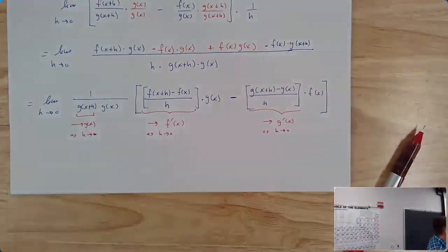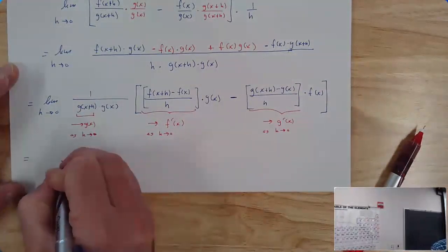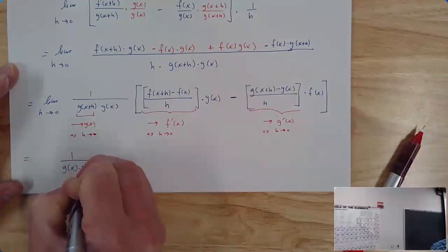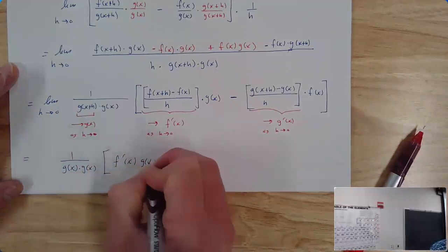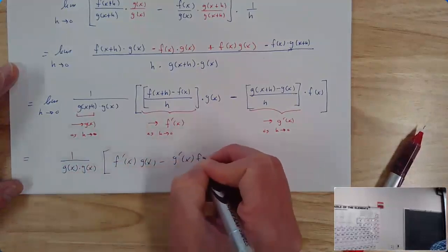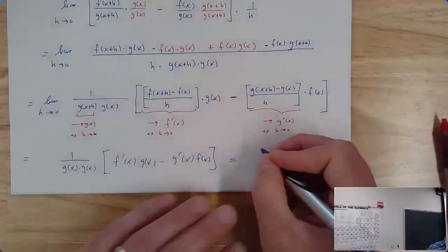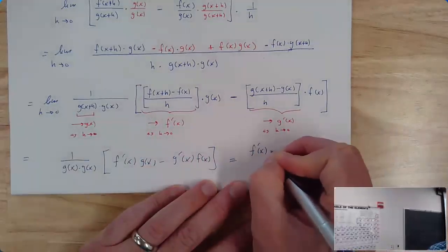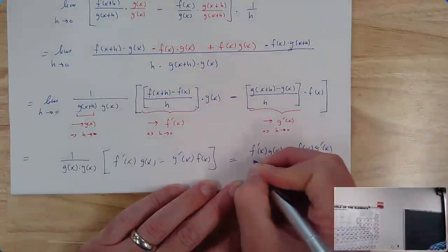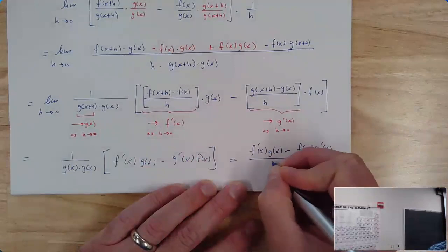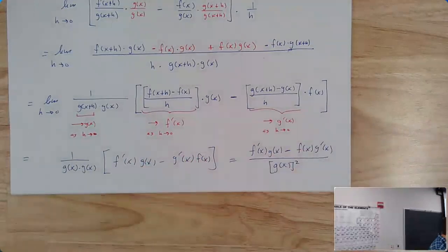We're just saying we know these limit rules work. You can essentially distribute the limit across addition and multiplication. So we get 1 over g of x times g of x, times f prime of x times g of x minus g prime of x times f of x, which people prefer to write as f prime of x, g of x minus f of x times g prime of x, all over g of x quantity squared.